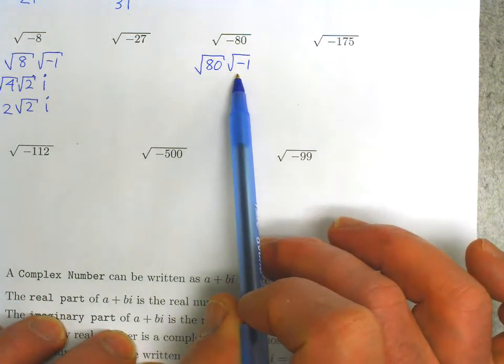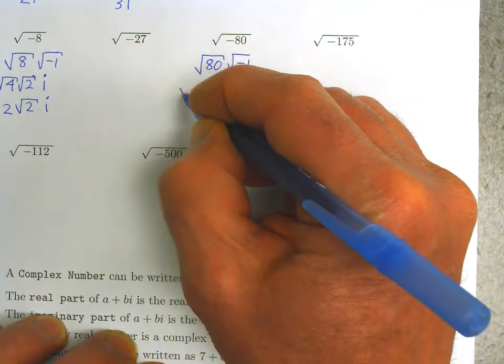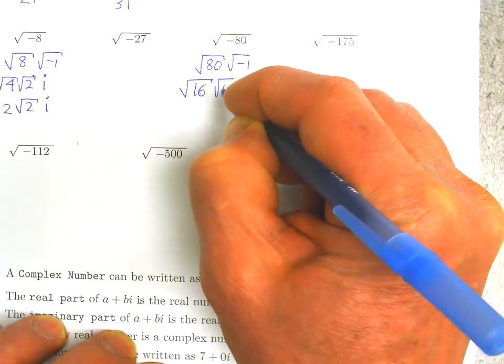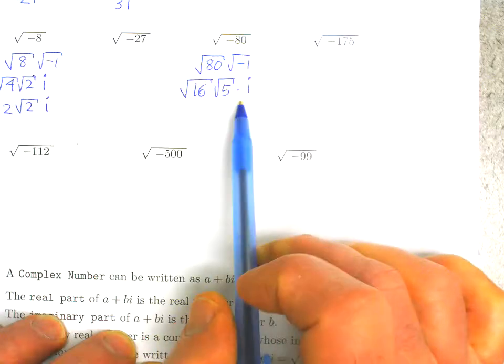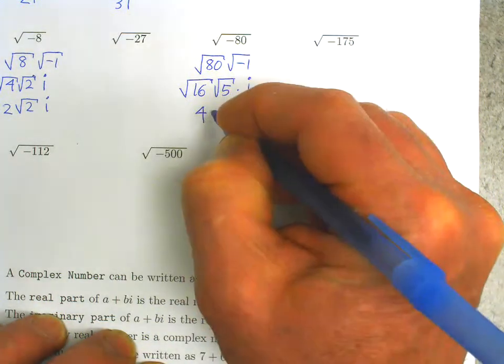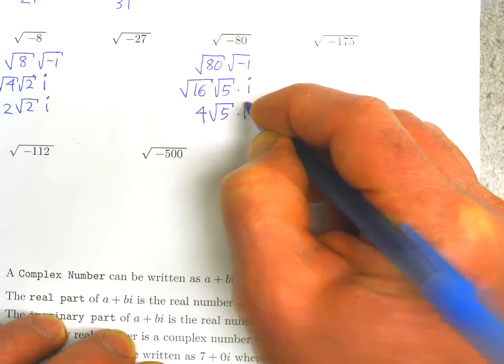And we will replace the square root of -1 with i. So in the next step, we can write the square root of 16 times the square root of 5 times i. And then in the final step, the square root of 16 is 4. So we get 4 times the square root of 5 times i.